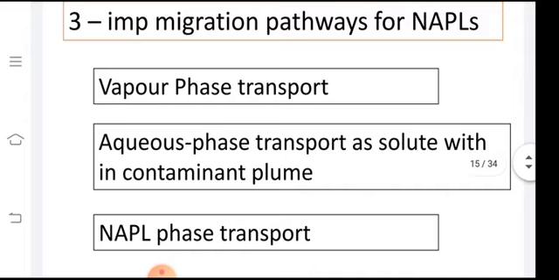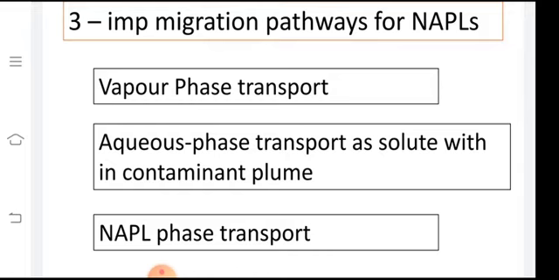So now you can see the migration patterns for NAPL. There are three migration patterns, which include vapor phase transport. The vapors have their own path. They move along with the air, and wherever there is some space or void, the volatile matter will try to occupy it, and it will come up to the surface as soon as possible, because they are immediately supposed to enter into the atmosphere.